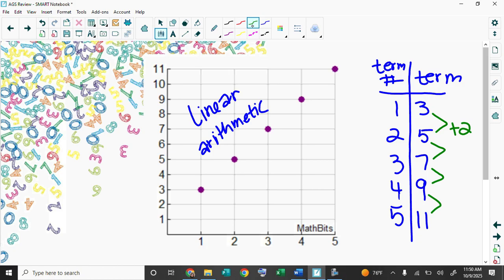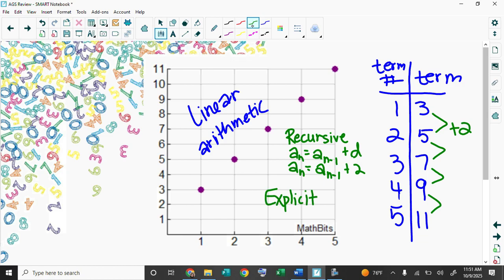So if the question asks for a recursive formula, it's a sub n equals a sub n minus 1 plus d. So all you have to do for recursive is a sub n equals a sub n minus 1 plus 2, because every time we're just adding 2. That's the recursive. But the question is, what is the explicit?